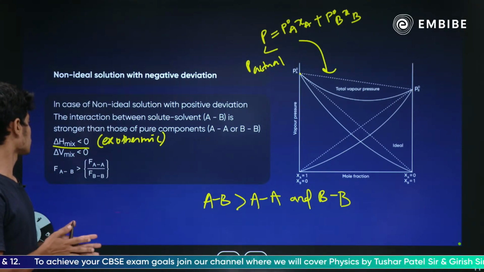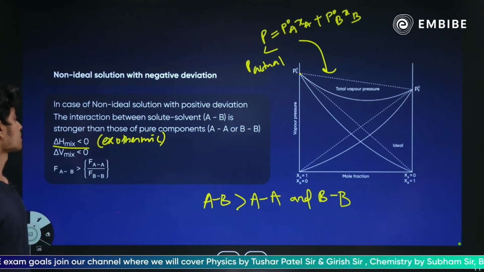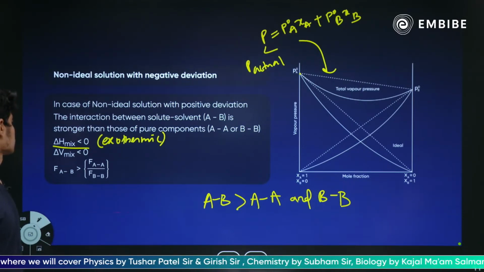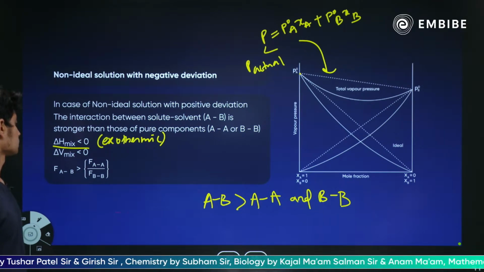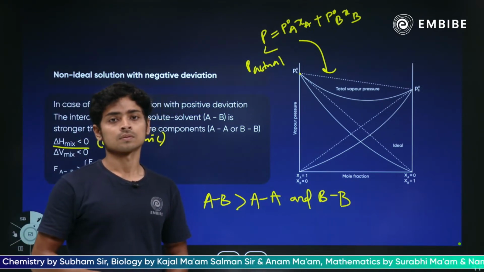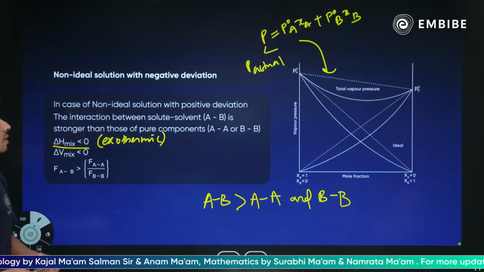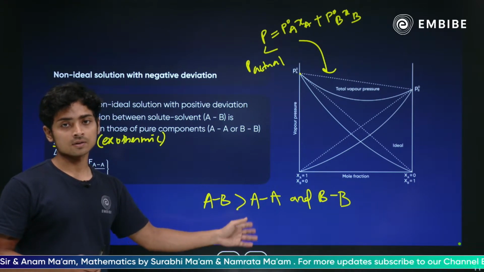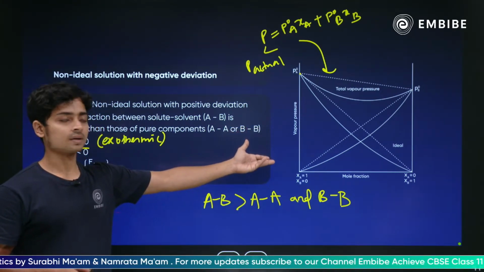Okay, it is an exothermic process. In your non-ideal solution with negative deviation, the AB interactions will be stronger than AA or BB, so energy will be released.